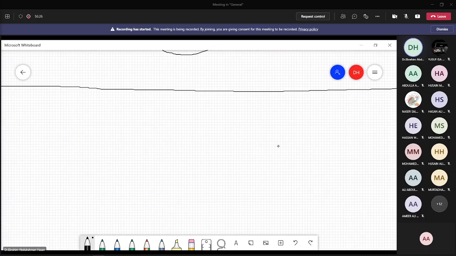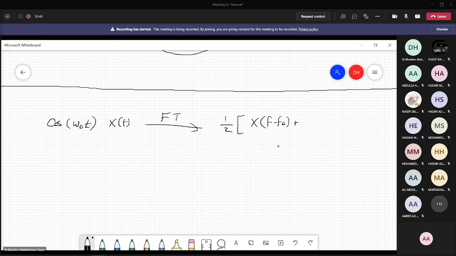If cosine omega naught t multiplied by x of t, the Fourier transform for this one is equal to half x of f minus f naught plus x of f plus f naught.